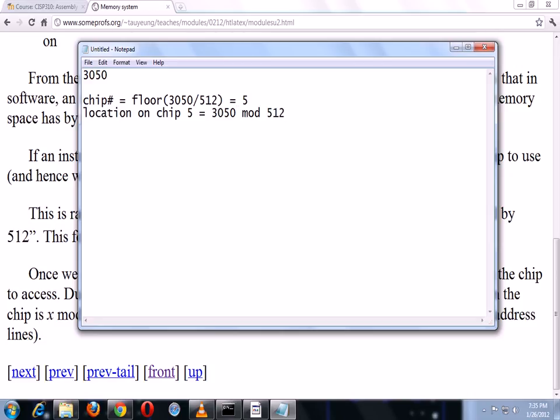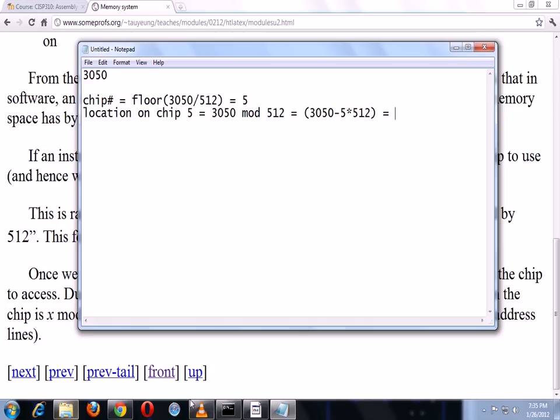That will give me the location on that chip that I want to access. It's the same as this minus 5 times 512, and that's what?